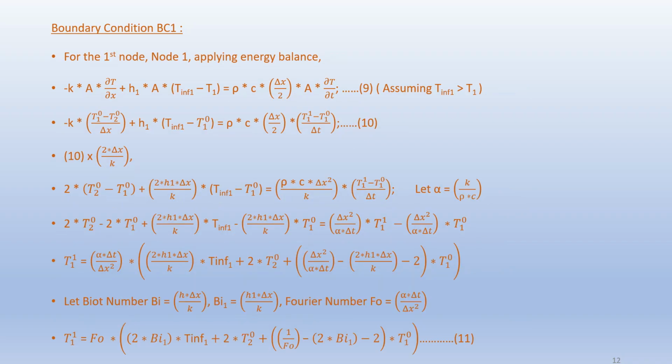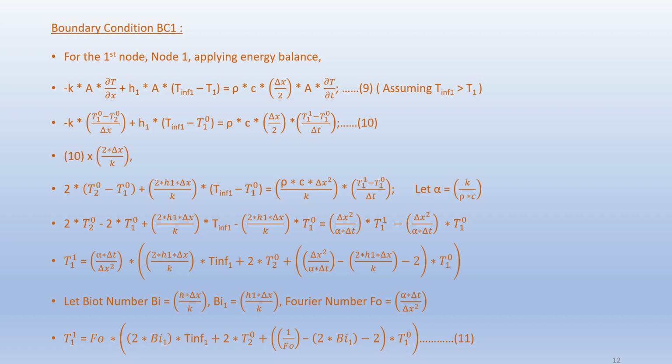So when we use this equation 8 we derived, which is a general equation for any boundary node, for our node at the left hand side, node 1, we get equation 9, that is minus k times A times dou T over dou x plus h1 times A times T infinity 1 minus T1 equals rho times c times delta x over 2 times A times dou T over dou t.